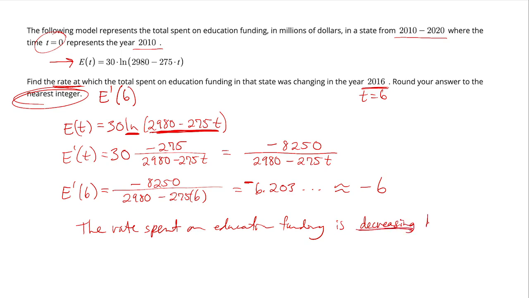It's decreasing by $6 million per year, specifically in the year 2016. So the rate spent on education funding is decreasing, because it's a negative, by $6 million per year in the year 2016.